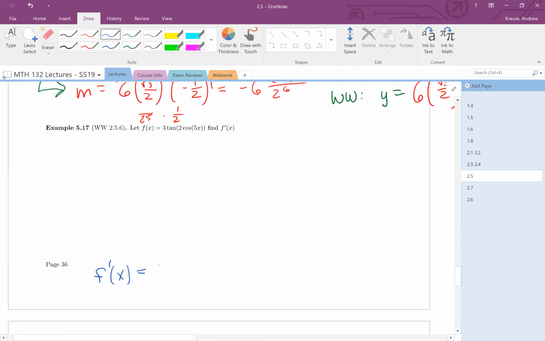So this should be 3 secant squared of 2 cosine of 5x times -2 sine of 5x times 5.